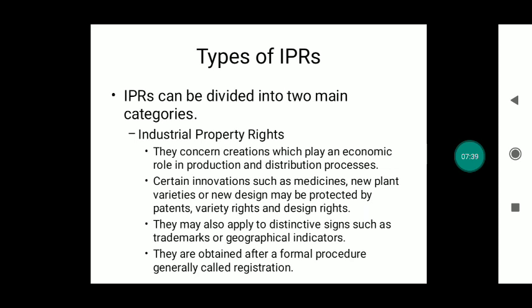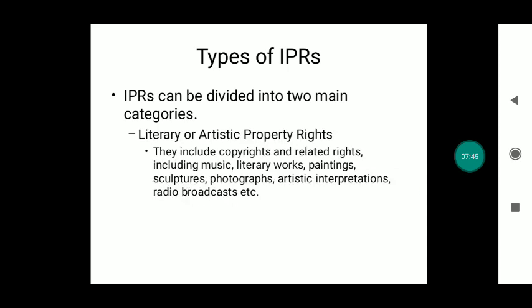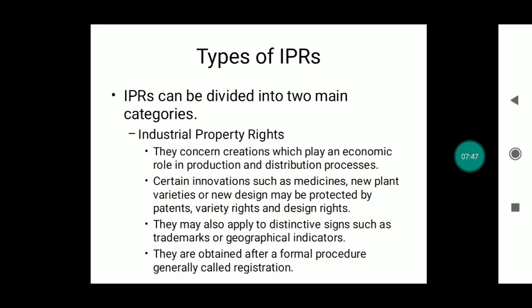IPRs are broadly categorized into two main categories, that is industrial property rights and literary artistic property rights. Industrial property rights include creations which play an economic role in production and distribution processes.